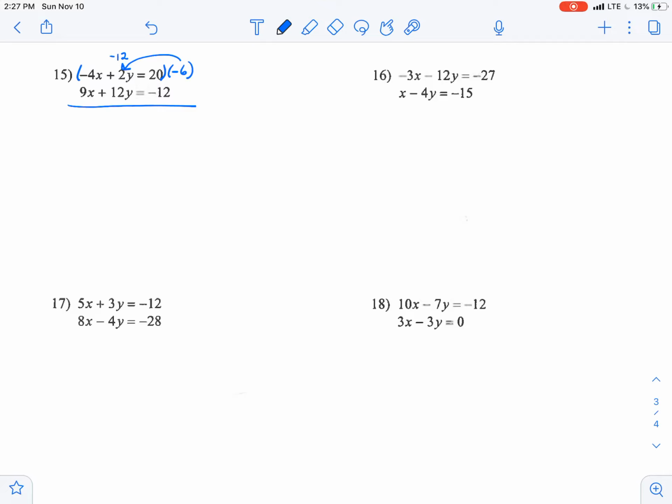I'm going to distribute this -6 all the way through. So a -6 times a -4 is 24. -6 times 2 is a -12. And a -6 times 20 is a -120. The second equation, I'm not actually going to do anything with it, so I just rewrite it.